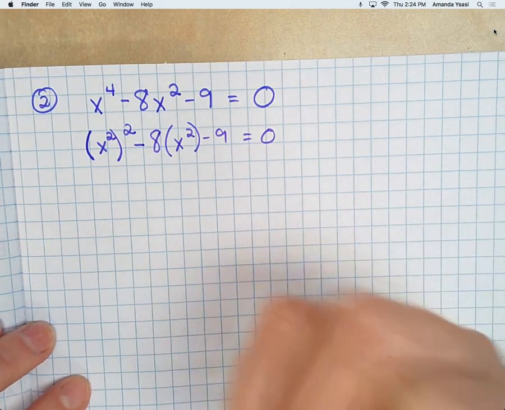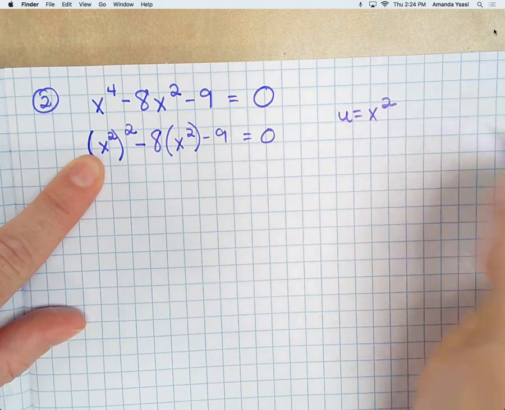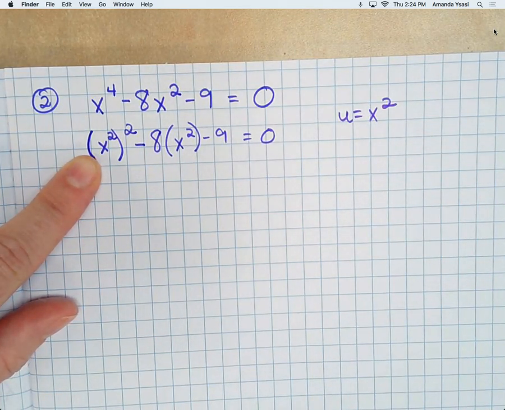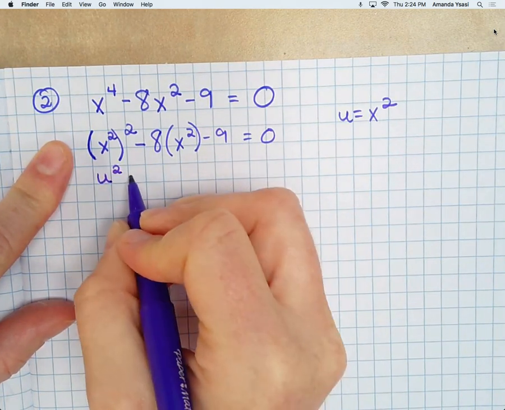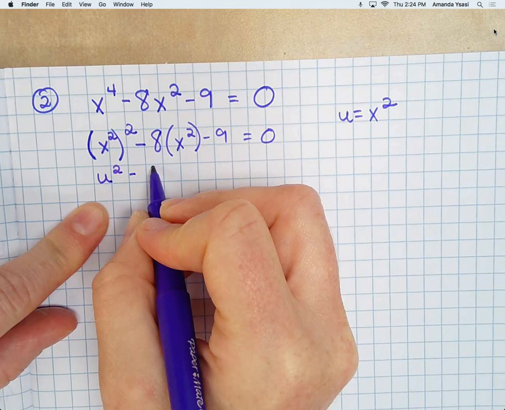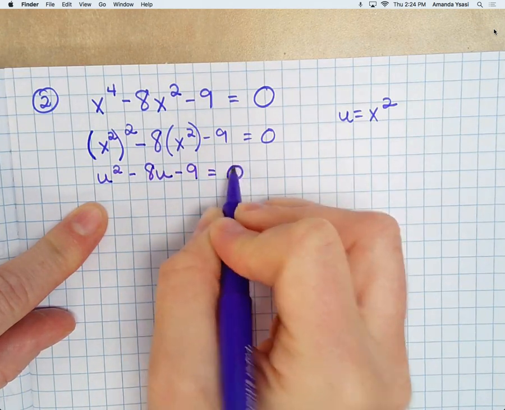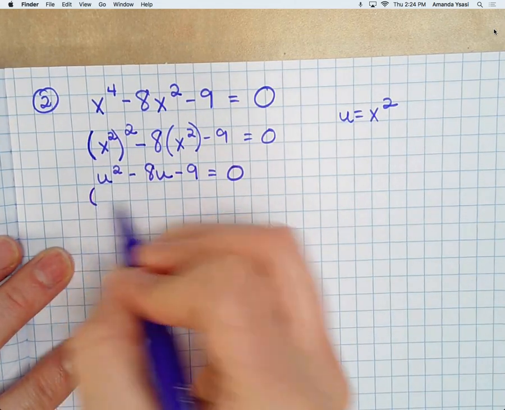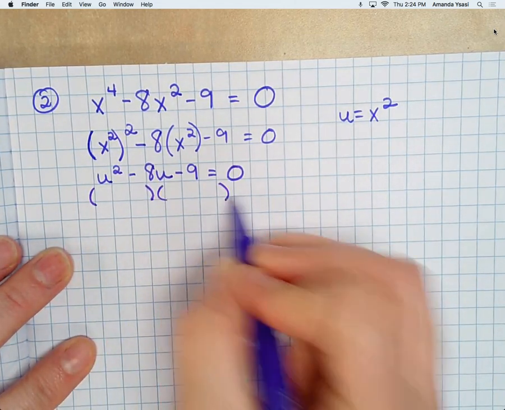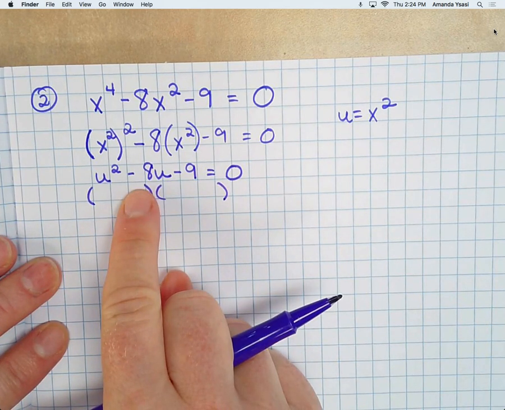So we're going to sub in u for this x squared. And we'll rewrite the equation with u's. So u squared minus 8u minus 9 equals 0. Now we need to factor. So what gets us a product of negative 9 and a sum of negative 8?